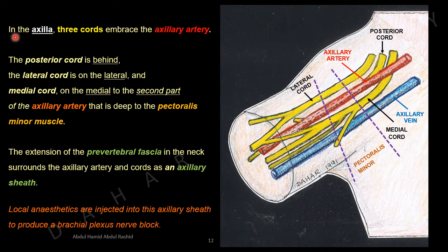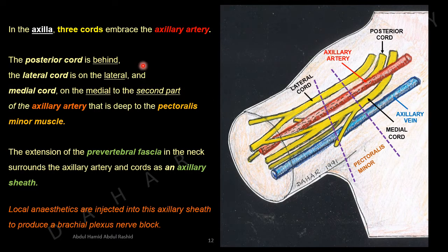In the axilla, 3 cords embrace the axillary artery. This is the right brachial plexus with the right axillary artery and right axillary vein. This is the posterior cord, this is the lateral cord, and this is the medial cord of the brachial plexus.